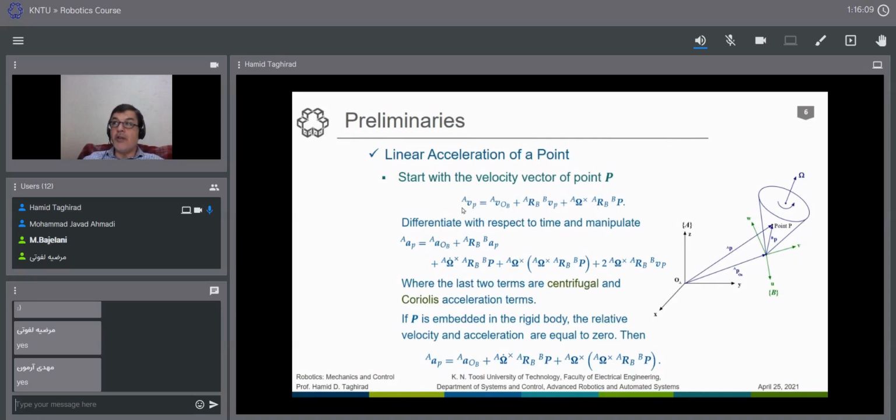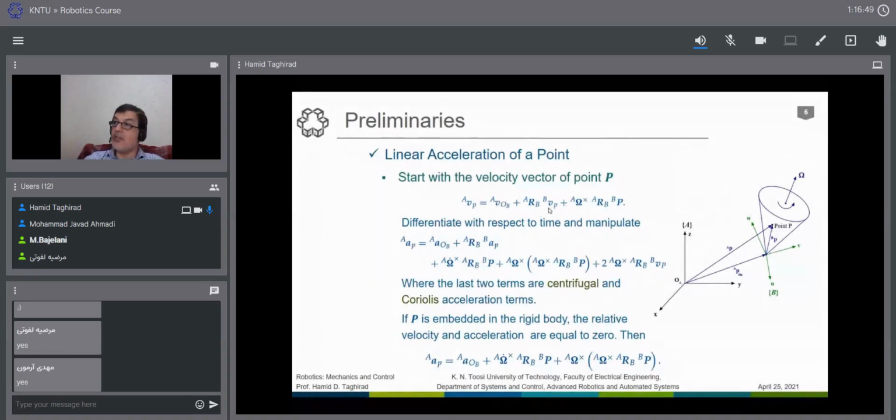The velocity of point P is the velocity of the origin of the frame, V_OB, with respect to A. Then the relative velocity of point P with respect to this frame, multiplied by R_B to A, is just transformed to frame A. We find the relative velocity and add it here, and then omega cross the position, as we have if this point is not embedded into the system.